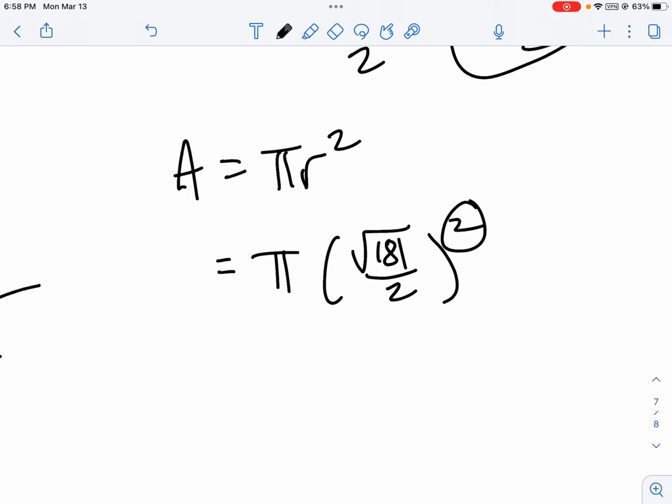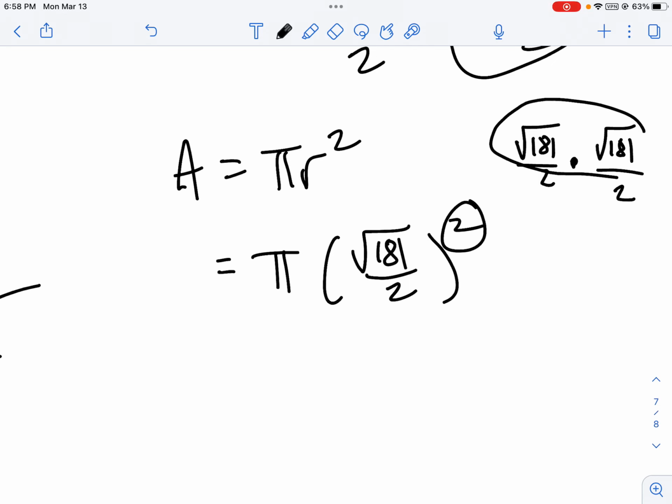This is the same thing as square root of 181 over 2 times the square root of 181 over 2, right? Squares mean you have two of the same thing. So when we multiply these two fractions together, what's a square root times the square root when they're both the exact same number? It's just that number. 181 is going to come out.